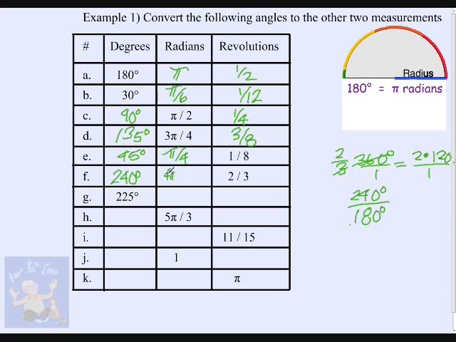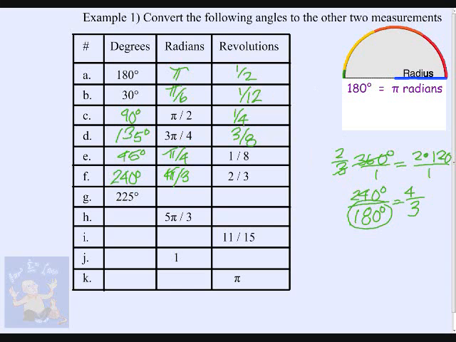Four pi over 3. Would that be right? Well, if we look at this ratio, we could divide both of these by 60, so that would reduce to 4 over 3. So that's the proportion we've got here. And we can use that with pi because we are checking against 180, which is equal to pi.